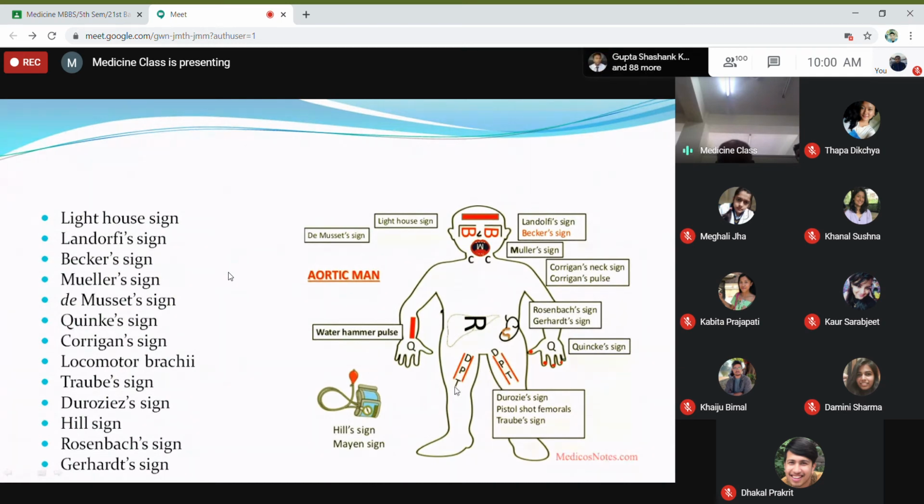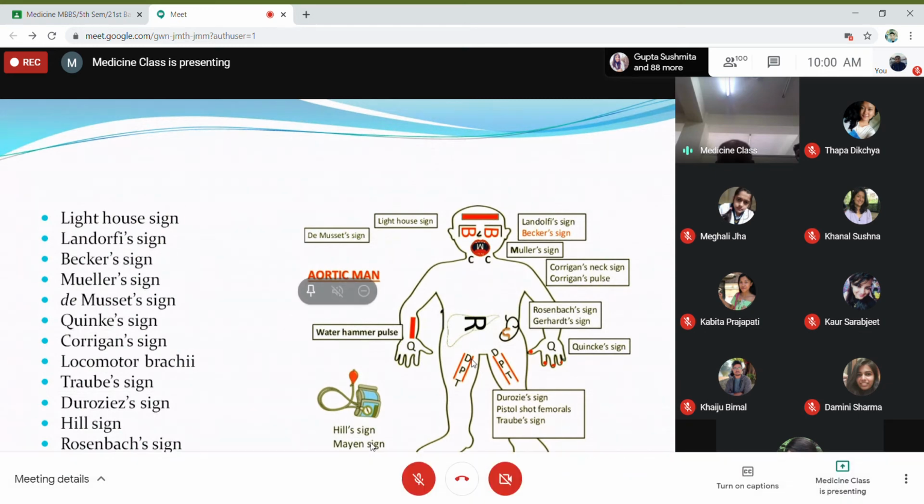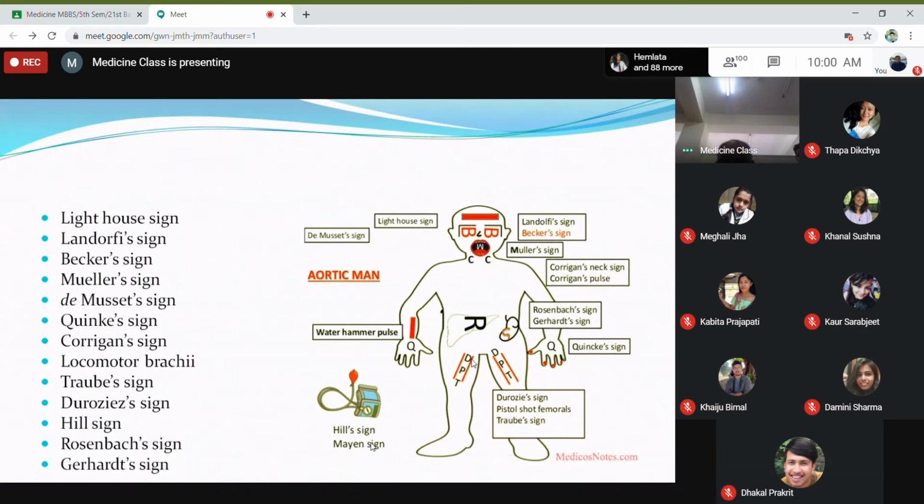Duroziez's means that if you apply pressure distally over the femoral artery and auscultate it, then you'll get a diastolic murmur in the femoral artery.